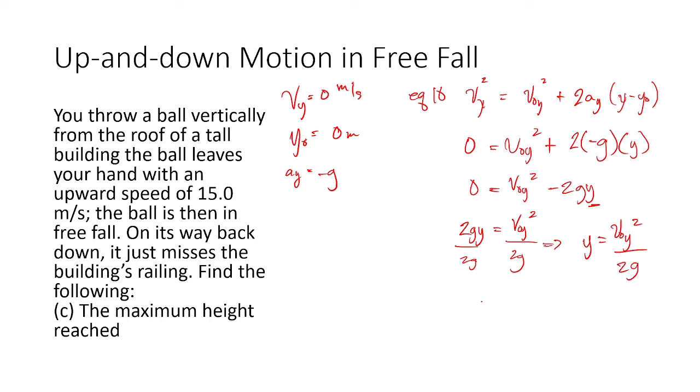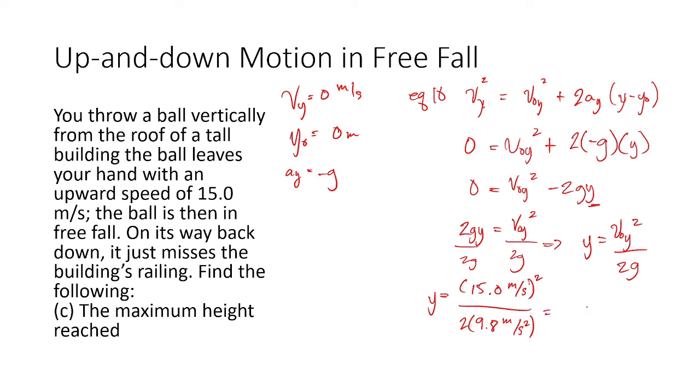Okay? So, para ma-compute yung y natin, we just need to substitute all of the known quantities, wherein we have there an initial velocity, which is 15 meters per second, and we just need to square that. Then we have here 2 times 9.8 meters per second square.